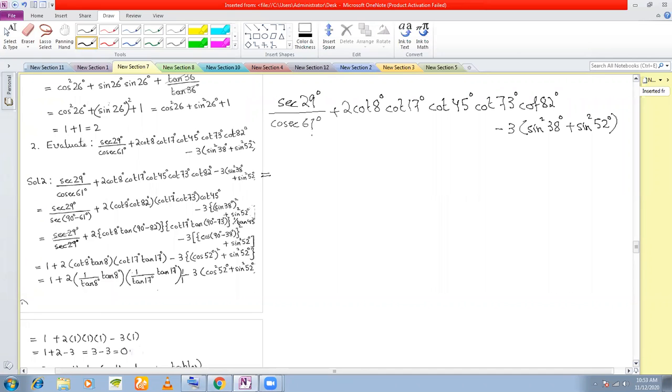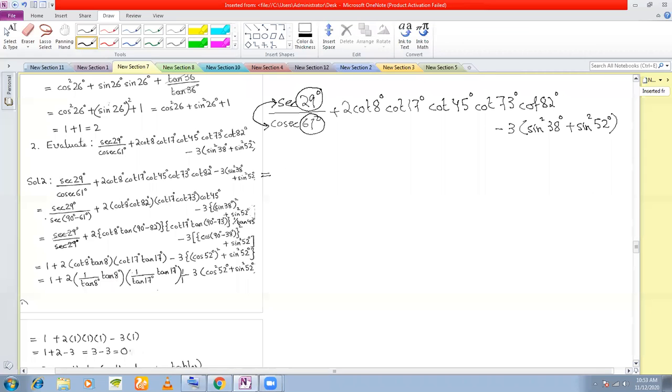Now, if you see in this expression here, you see a sec and a cosec here, right? And you know the sec can be changed to cosec or cosec can be changed to sec, right? And what you also see is that this 29 degree plus 61 degree will give you 90 degree, right? So you either change sec to cosec or cosec to sec. Okay, let us change sec to cosec.